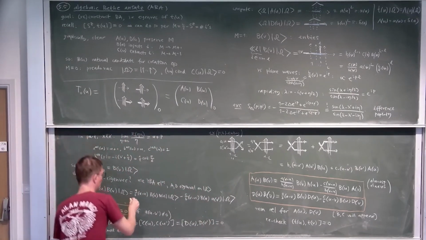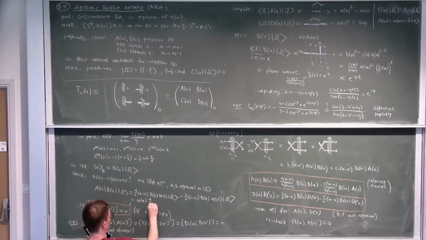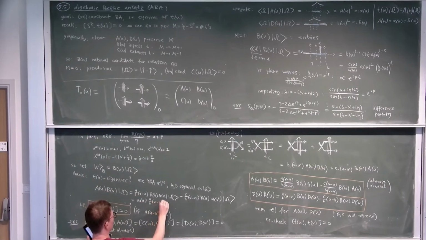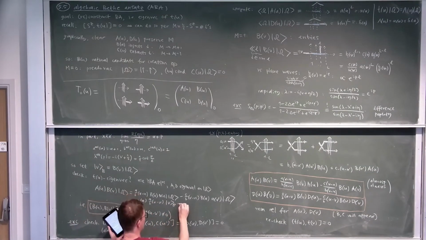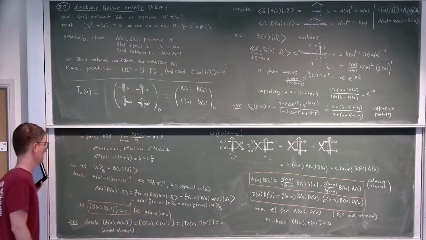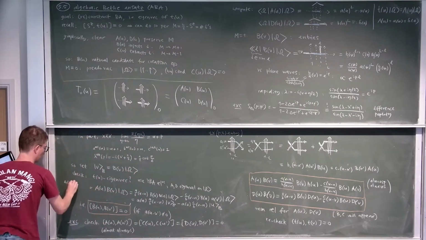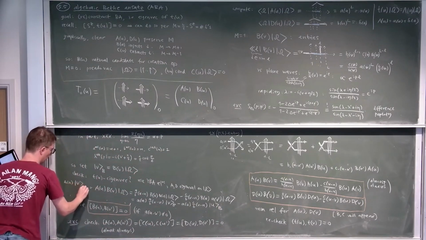In other words, what we get is alpha of U, A over B of V minus U, and then the beta vector with parameter V, minus alpha of V, C over B of V minus U, and then the beta vector of U. And this was the action of the A operator on the beta vector with parameter V.